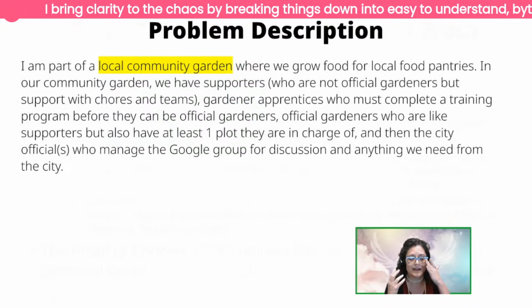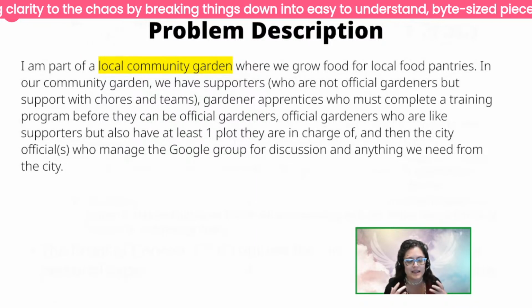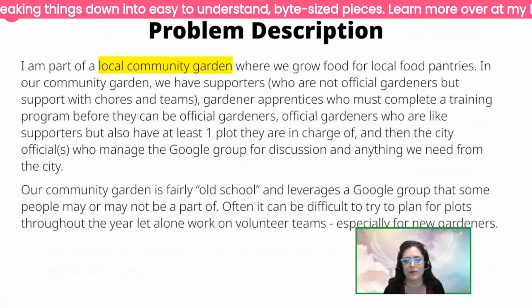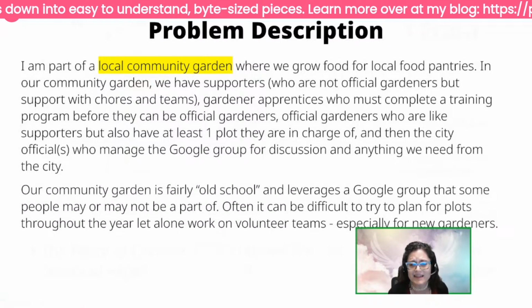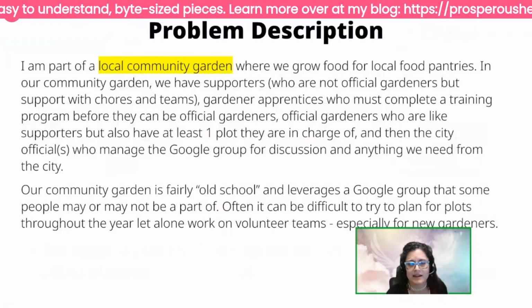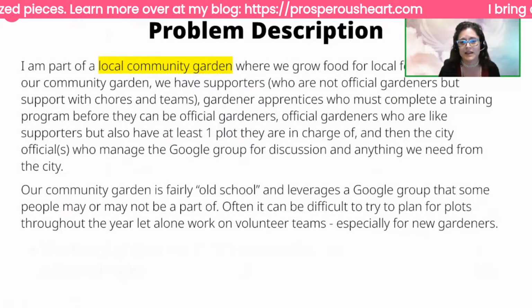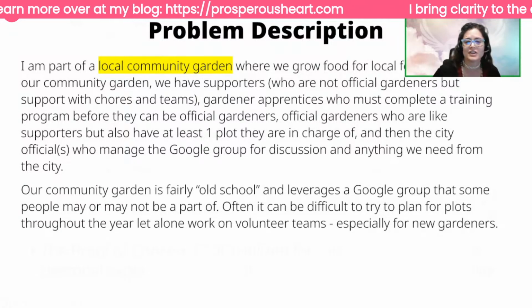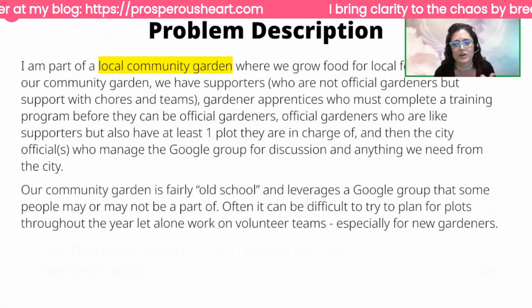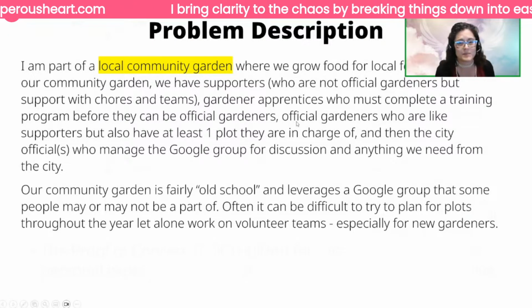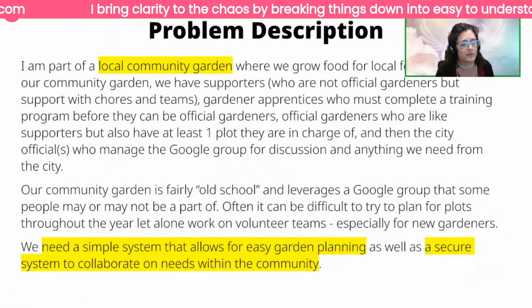We have different chores and teams, and we are a little bit old school to some degree, in that we use a Google Drive for documentation and a Google group for email, and email can get lost, right? So it can just be kind of difficult to navigate, especially for new people.